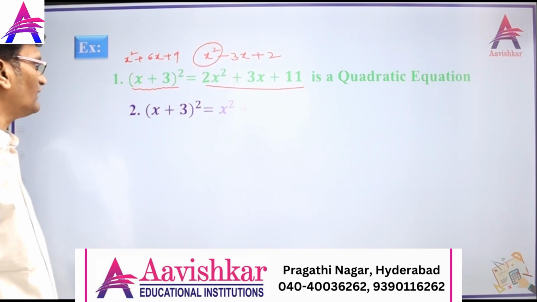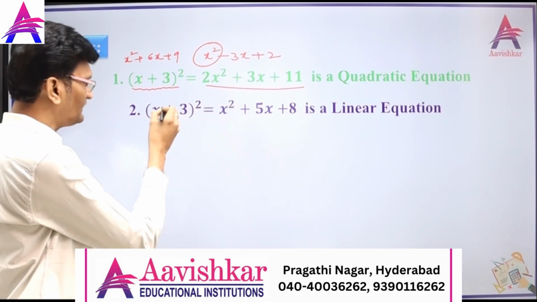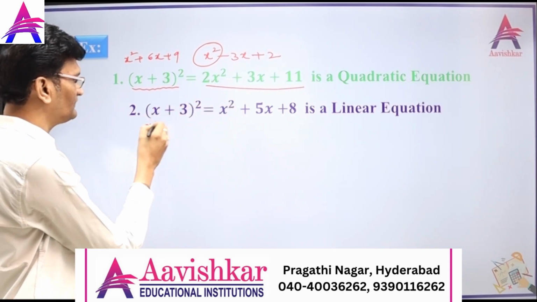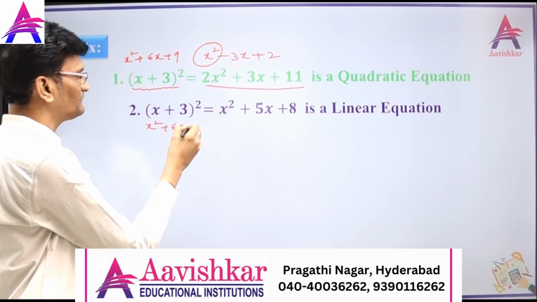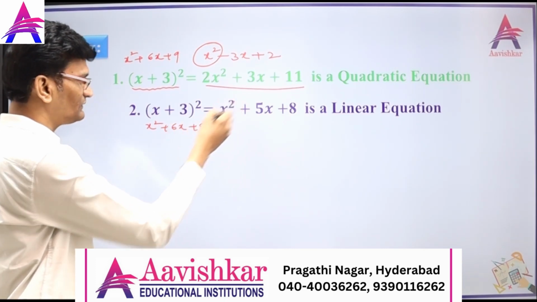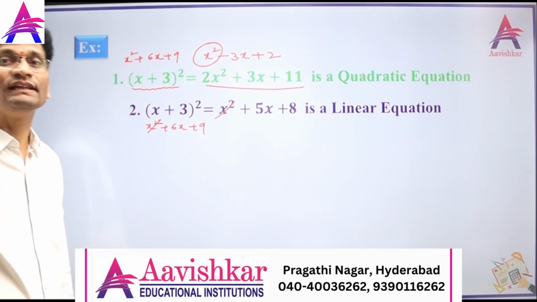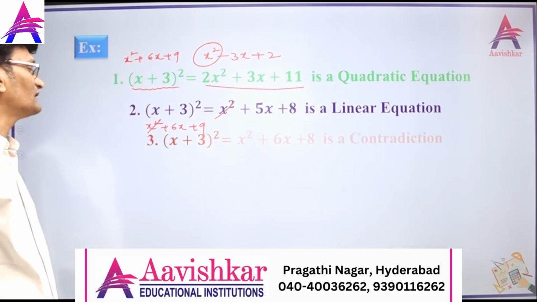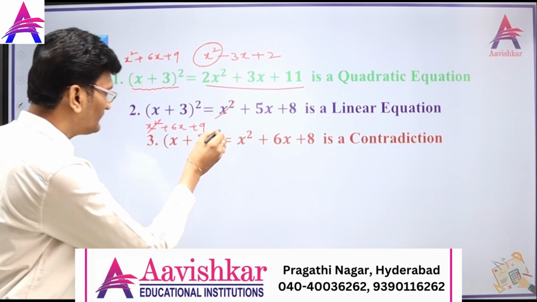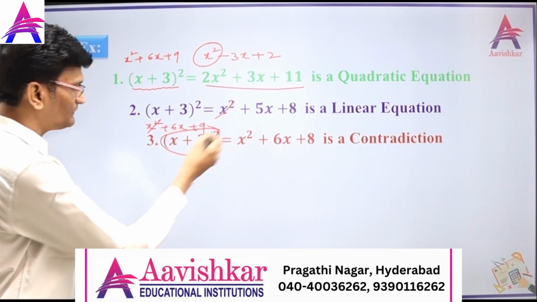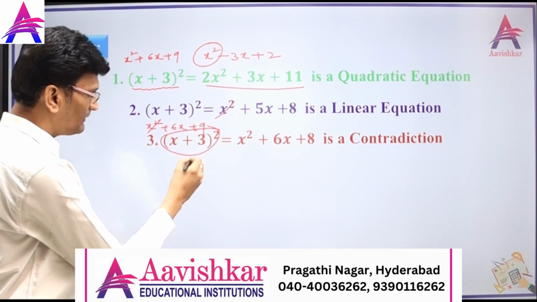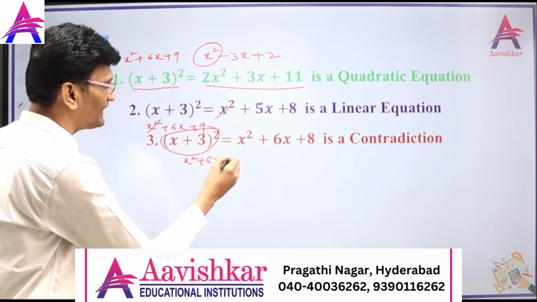If we take one more example, on expanding this one, we get here x square plus 6x plus 9. Here x square gets cancelled. That is the reason we are getting only a linear equation. Now let us see the third one. Here it is x plus 3 whole square. Expand it, x square plus 6x plus 9.